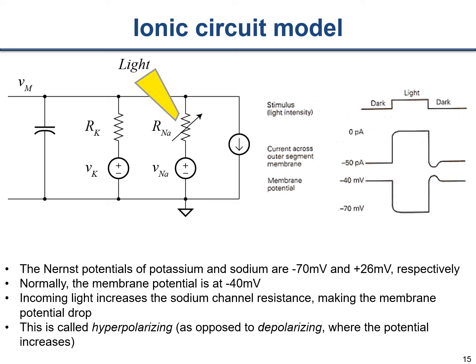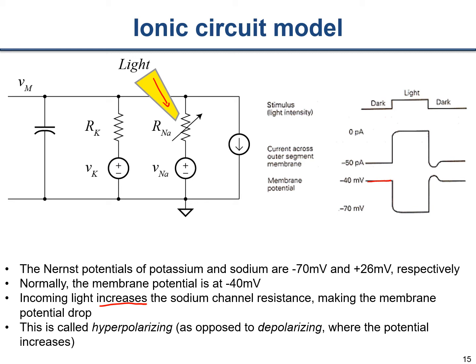So when there's incident light that hits the cell, then the resistance of the sodium channel will increase, basically because the sodium channel is clamping itself off. As a result, this actually drops the membrane potential. So normally in dark, we're sitting at minus 40 millivolts.